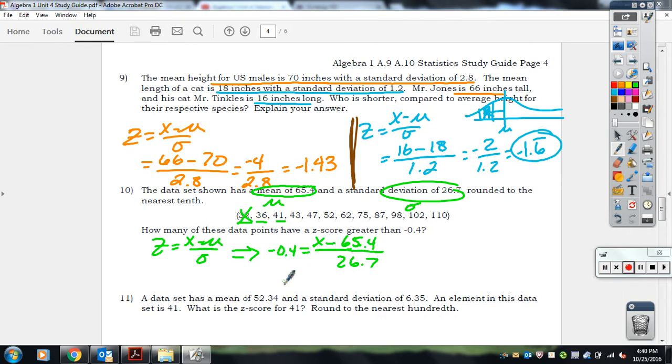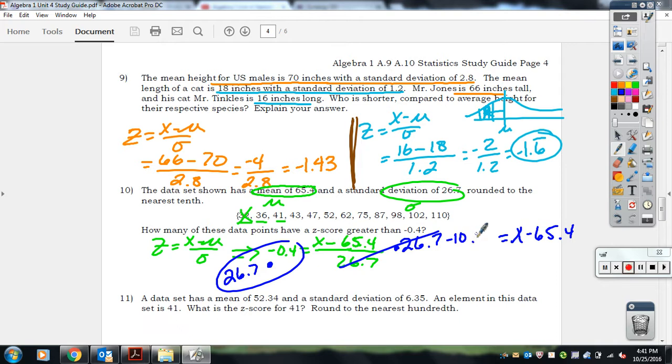Once I know that element, I'll look for numbers bigger than it. Let's solve this. Multiply both sides by 26.7. That cancels on the right-hand side, leaving x minus 65.4. On the left-hand side I have 26.7 times negative 0.4, which is negative 10.68.